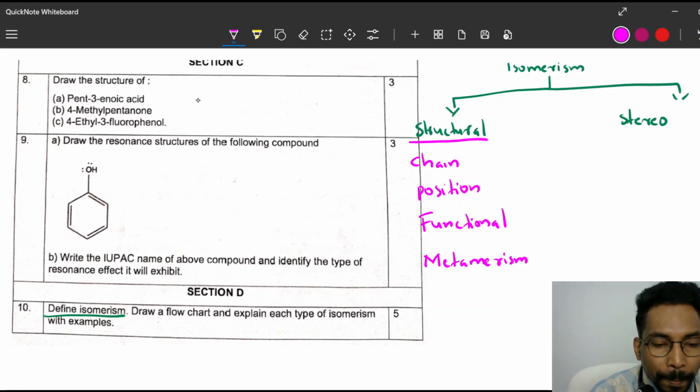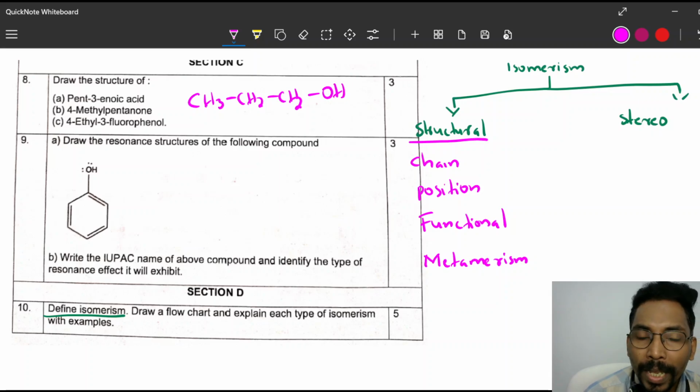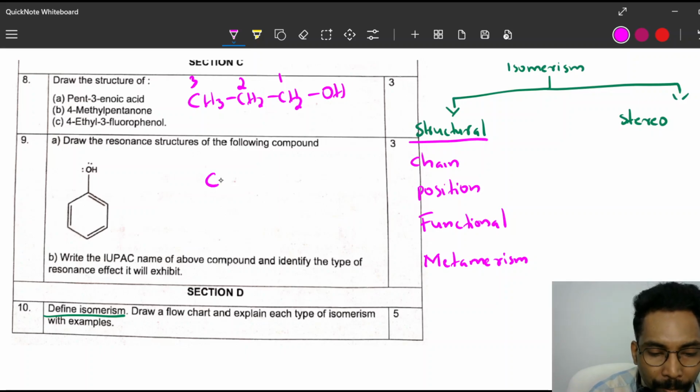For example, CH3, CH2, CH2OH, propan-1-ol, 1, 2, 3, and CH3, CHOH, CH3, 1, 2, 3.